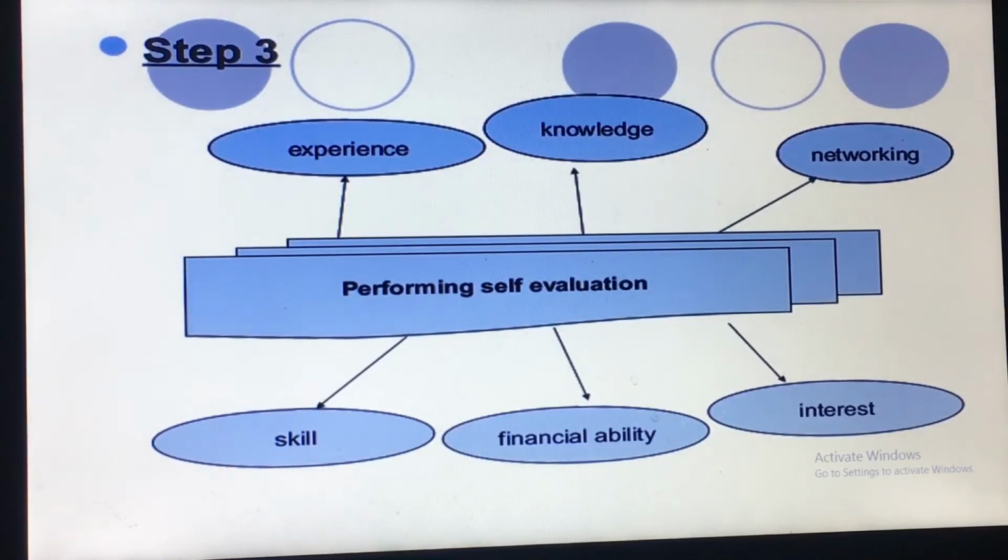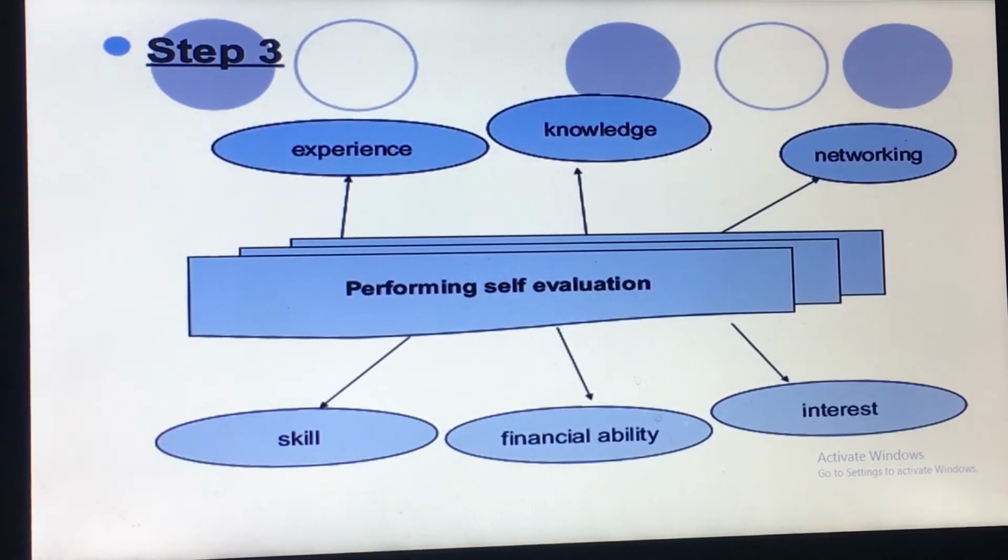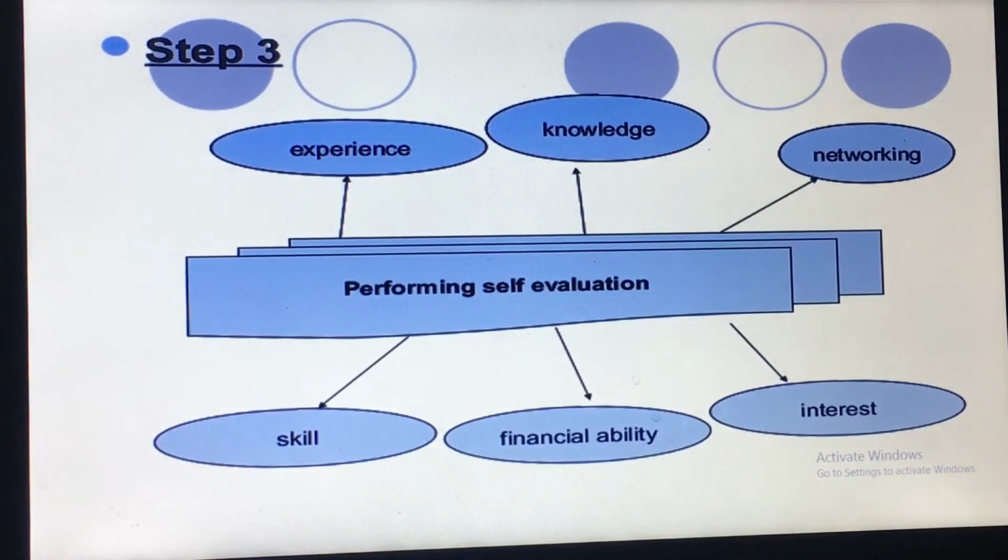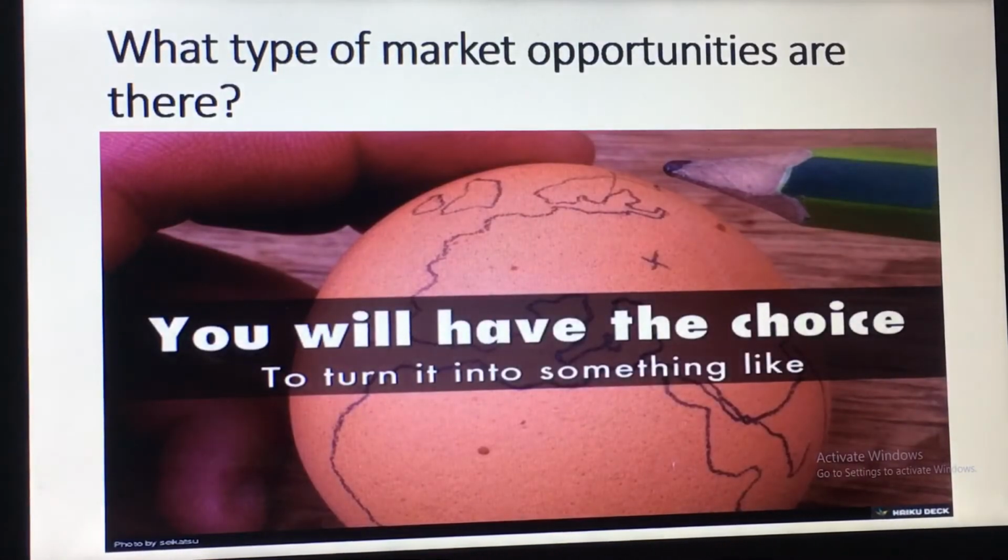All these factors like experience, knowledge, networking, interest, financial ability, and skill help us in knowing the opportunity we are getting and how to capture that opportunity. Based on these qualities, we will adopt the business opportunity. Then, what types of market opportunities are there?